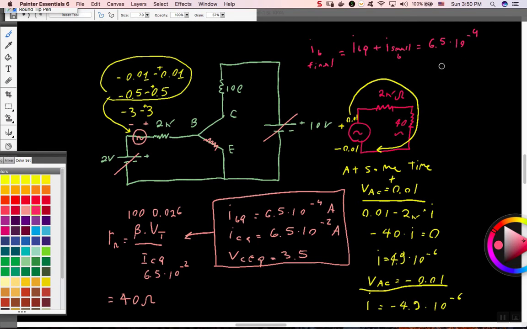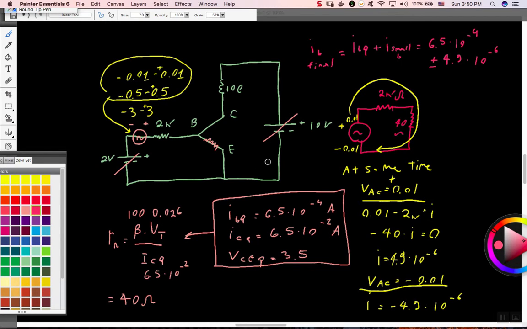Very well. And what is I small b? It varies, but we see that sometimes when the voltage is 0.01, it's 4.9 times 10 to the minus 6. And when the voltage is minus 0.01, it's actually the negative of that. And it could be everything in between.